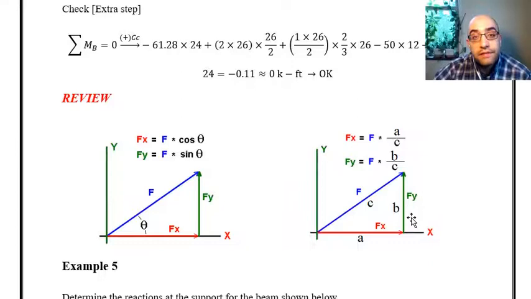And if I want to find the vertical component, I have to just multiply the force by the vertical side over C. Alright? So based on these two situations, we can simply find the horizontal component and vertical component of forces that we have in structures, and it will make the situation easier for us when we have inclined forces in the structure.